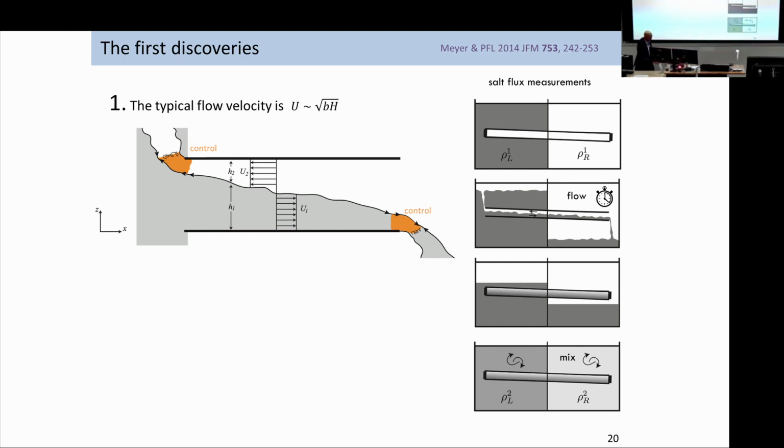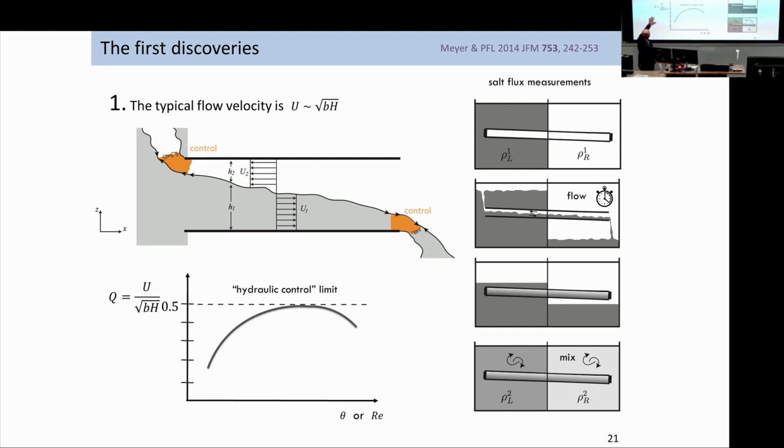And if you plot that flux as a function of either the angle or the Reynolds number, you find that it increases, and then it reaches some limit. And that limit is associated with the fact that the velocity scales with the buoyancy times the height. Okay, so it's indicative of a hydraulic control.